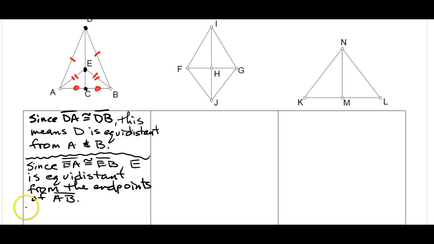And we also have that C is equidistant from the endpoints of AB.